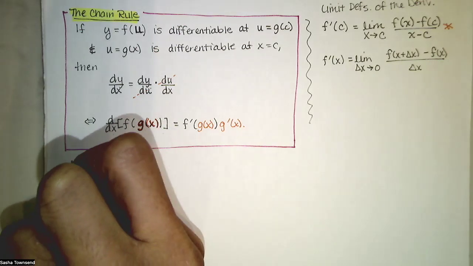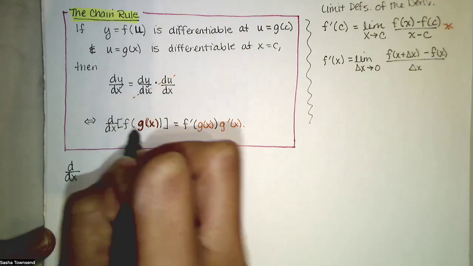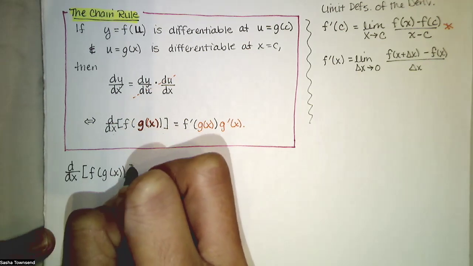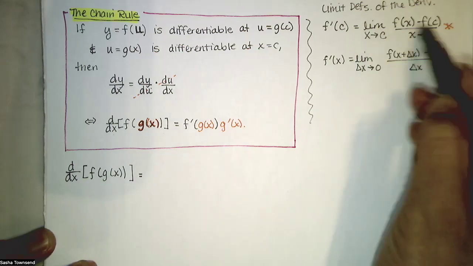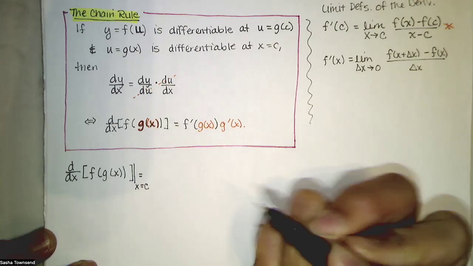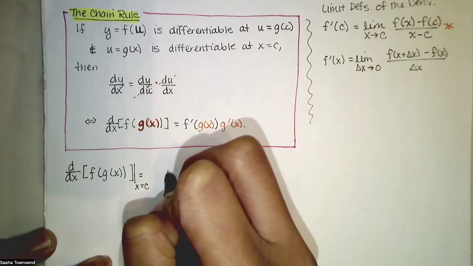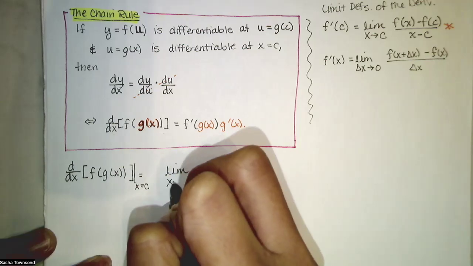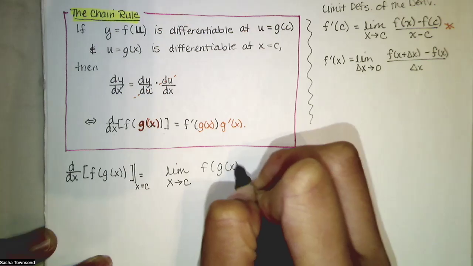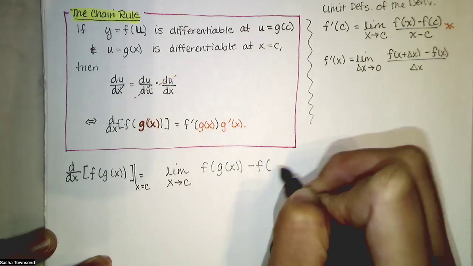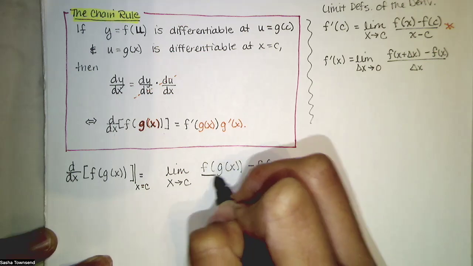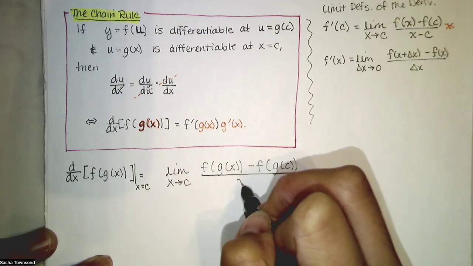So we're interested in the derivative with respect to x of f of g of x. While using this form of the derivative, let's say we're evaluating this at x equals c. This is the limit as x approaches c of f of g of x minus f of g of c divided by x minus c.